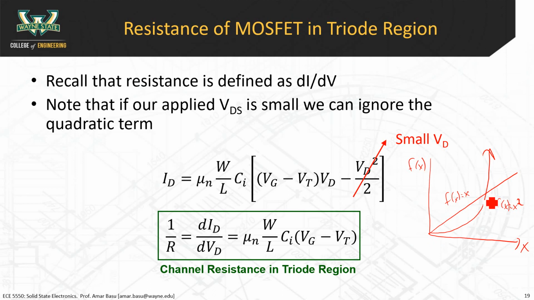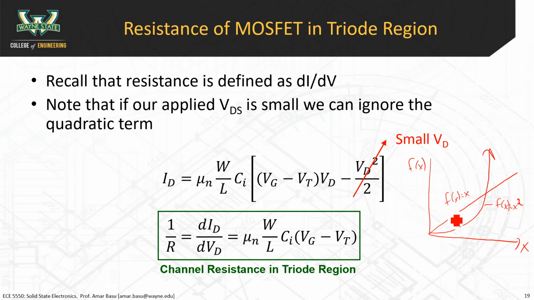So what you notice is that at large values of x, the parabolic function is dominant, but at low values of x, the quadratic function actually becomes negligible.